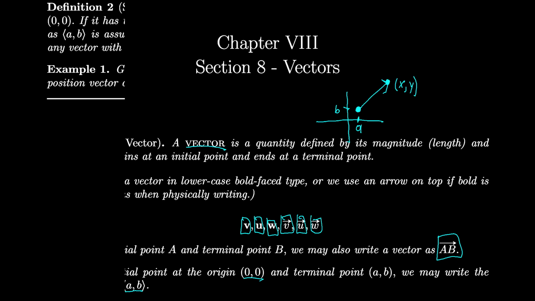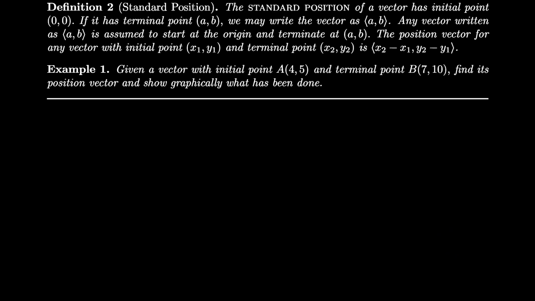It's that third point. So talking about standard position here, the standard position of a vector has initial point 0, 0. That is, the standard position vector is going to start at the origin. So if that vector has terminal point, that is, it ends at (a, b), then we write the vector as ⟨a, b⟩, and we just read this as vector ⟨a, b⟩.